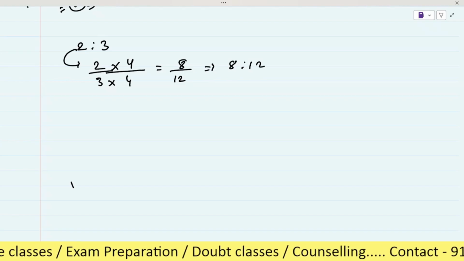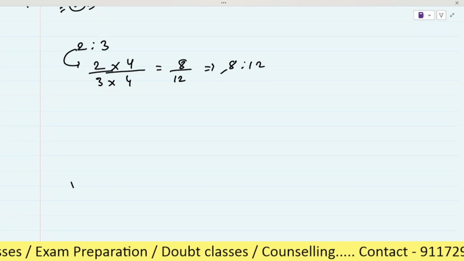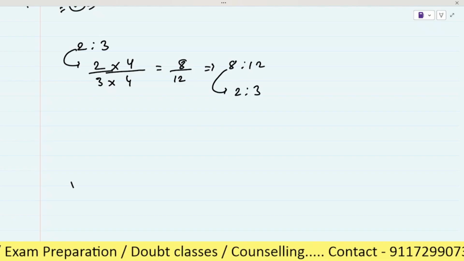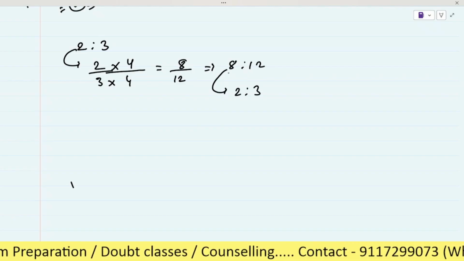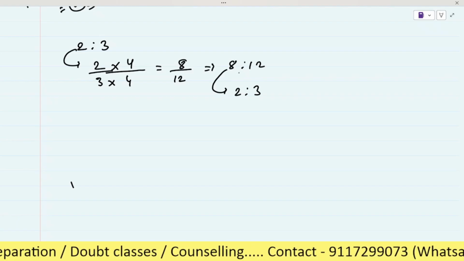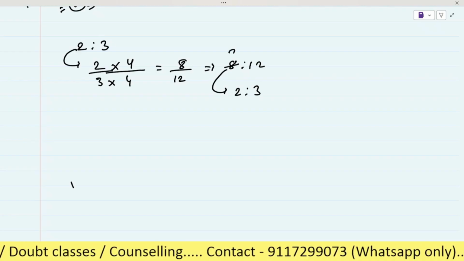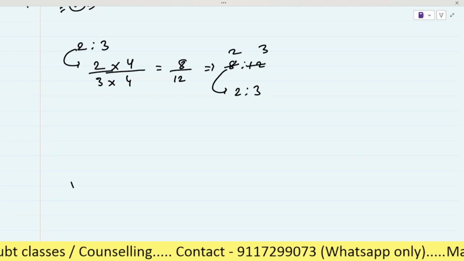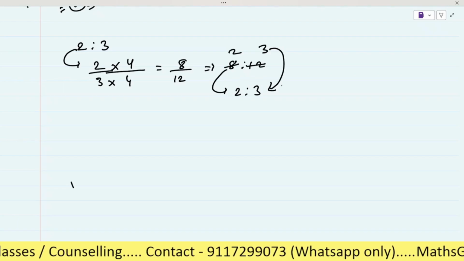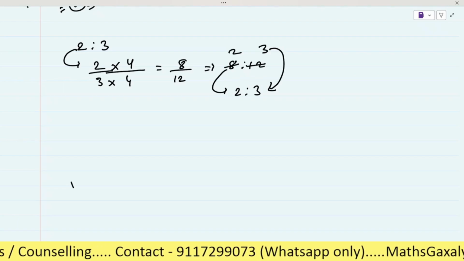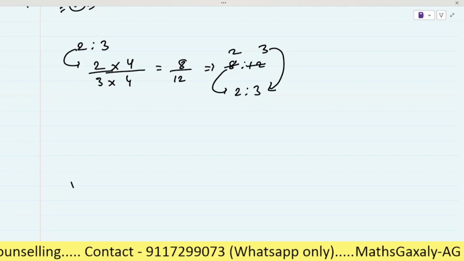But the value is the same as 2 is to 3. Why? Because when you divide by the same number, by 4, then 2 times and 3 times, ultimately you will get the same number. This was the explanation for this statement.